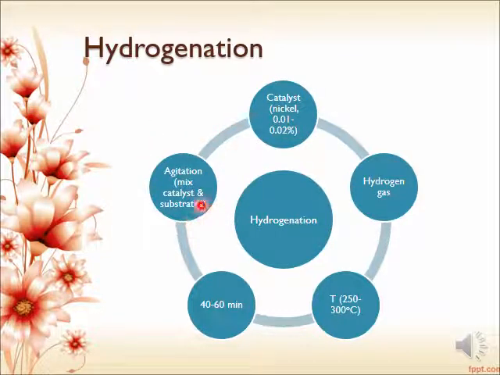Mixing, agitation, so mixing the catalyst and the substrate, in this case the oil, and the mixing occurs for 40 to 60 minutes at high temperature from 250 to 300 degrees Celsius in order for hydrogenation to be a success.